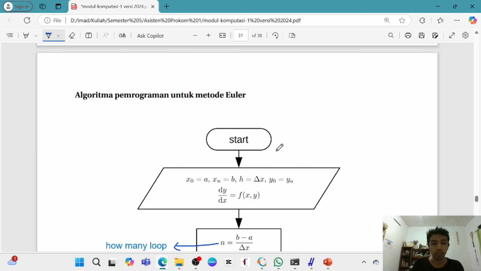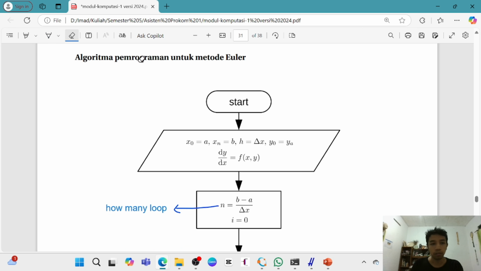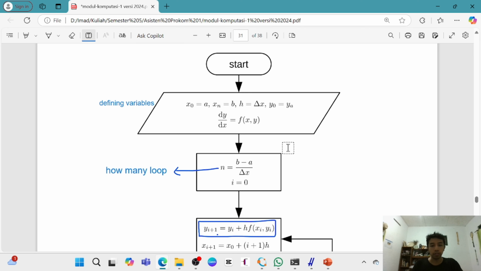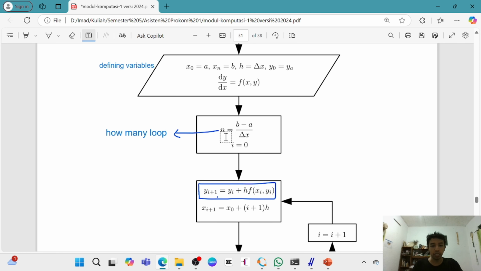Okay, now we have the algorithm for the Euler. This is where we start. Then this is the initiation, defining variables. Then next we have this, the end.